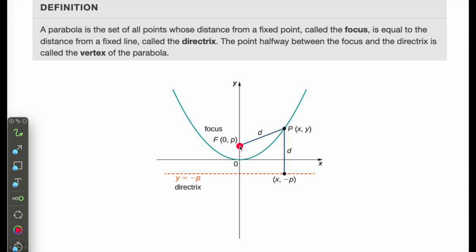Now, the distance from the focus along that latus rectum to the point on the parabola will be a distance of 2p. And also on the other side, same thing. Parabolas are symmetric, so it's going to be the same thing on either side. So the latus rectum will be a length of 4p all the way across.